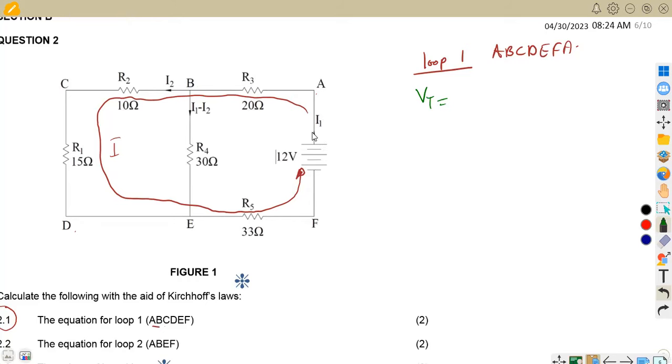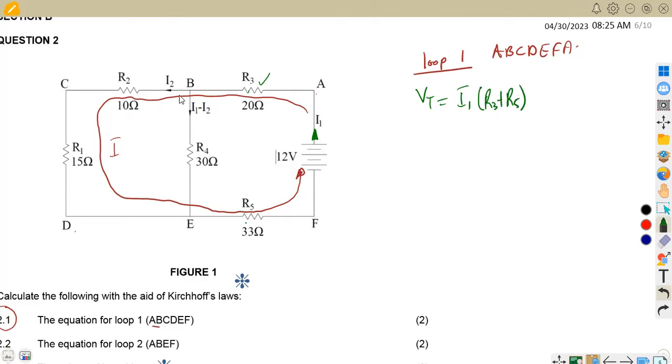Starting from current I1, this arrow is going up, which means we are maintaining the positive. So current I1 in this branch is going to affect R3, and the same current I1 also affects R5. These two are in the same branch, so we shall have current times the sum of resistance, R3 plus R5.